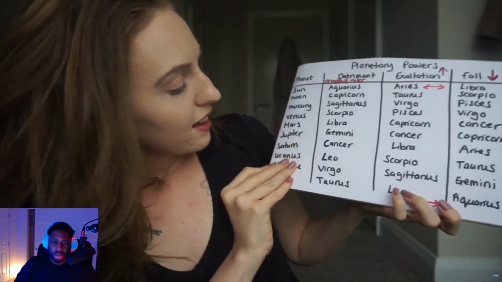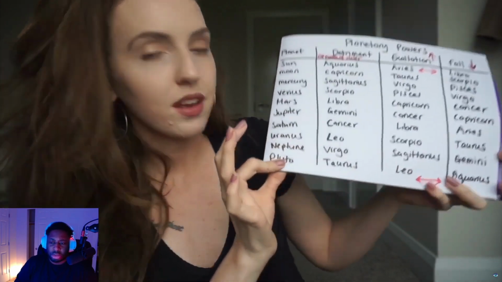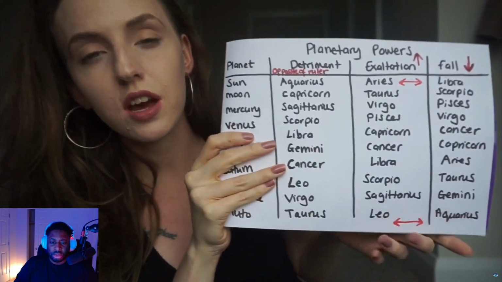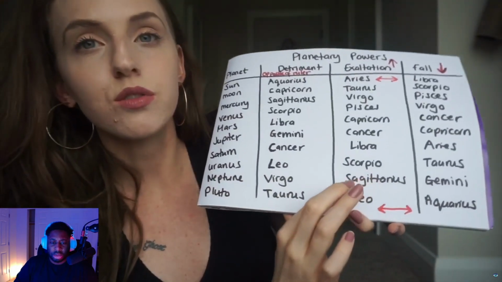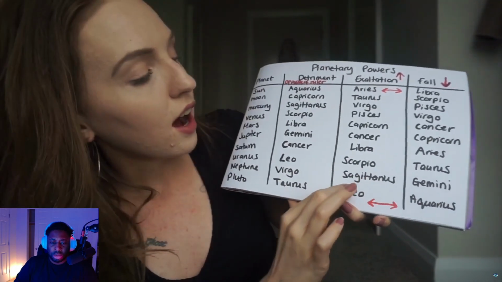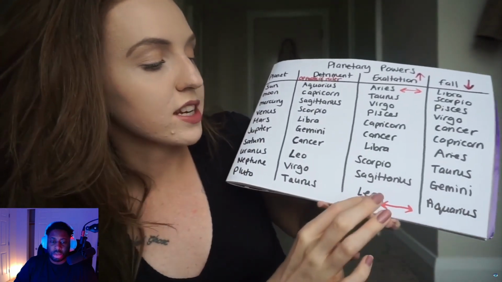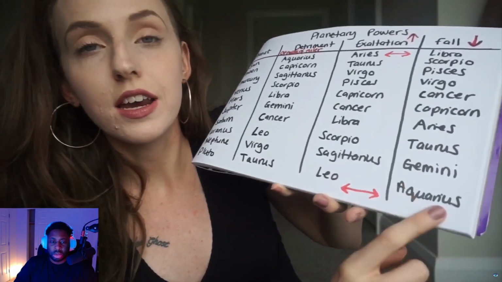Though I would like to highlight that with Neptune and Pluto, these are just my own personal opinions when it comes to the exaltation and fall. I've done it as Neptune being exalted in Sagittarius, and then fall in Gemini. And then with Pluto, I've done it as exalted in Leo, and in fall in Aquarius.